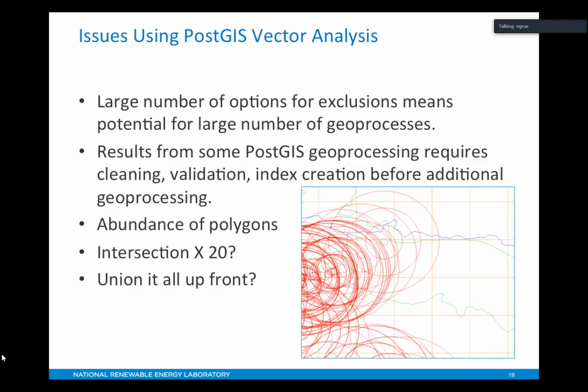So you run that intersection, and then you have to clean, validate, write an index, and all these intermediate data sets need to be written to disk because you're creating spatial indexes on them. And so just writing to disk is of course going to take a lot more time than if you're keeping everything in memory. And so as you're going through this, you're just building more and more of these polygons.